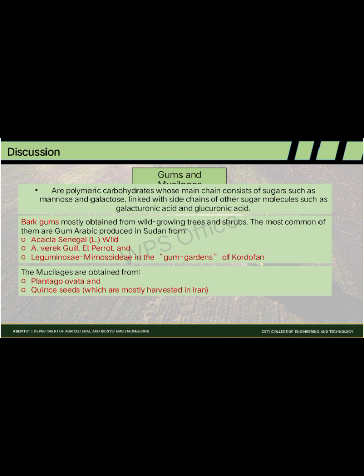Bark gums are mostly obtained from wild-growing trees and shrubs. The most common of them are gum arabic produced in Sudan from Acacia senegal, family Leguminosae, and the mucilages are obtained from Plantago ovata and quince seeds, which are mostly harvested in Iran.